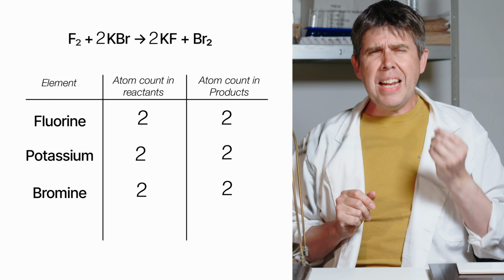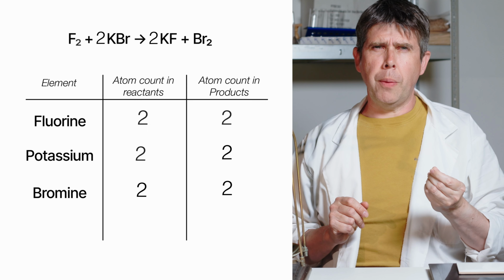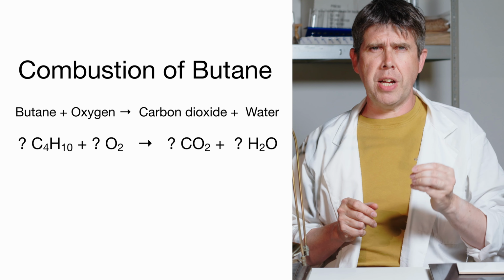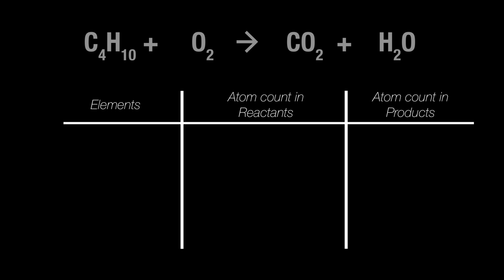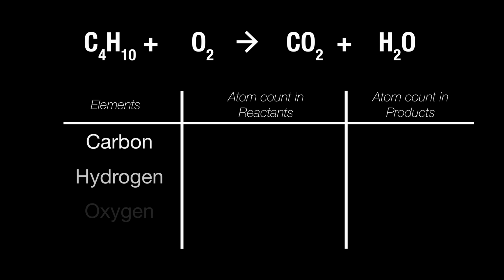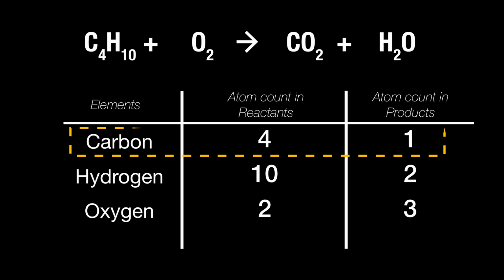Okay, let's have a look at a really tricky one, the combustion of butane. There's our elements, carbon, hydrogen, and oxygen, and the initial count up of the atoms has been done. We'll start with carbon first. 4 on the left and 1 on the right? Well, we'll fix that with 4 CO2 molecules.